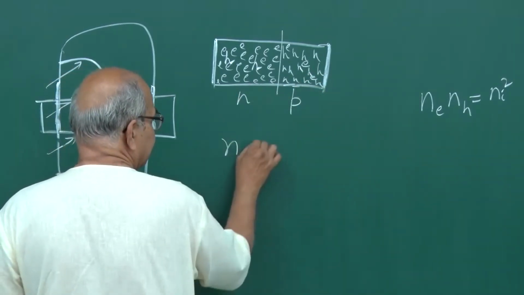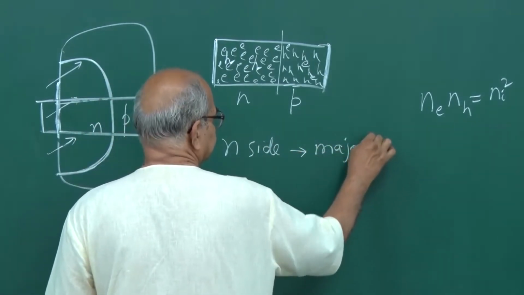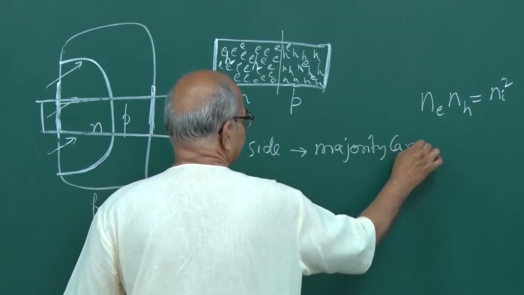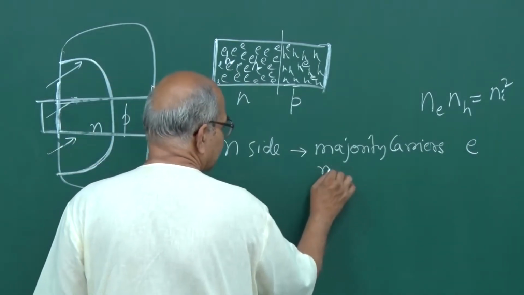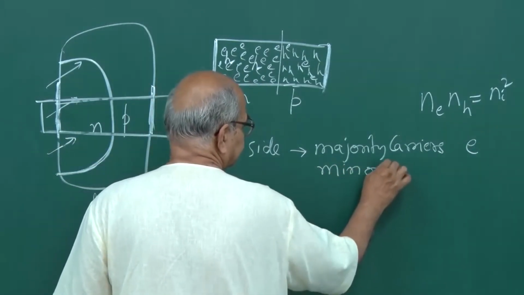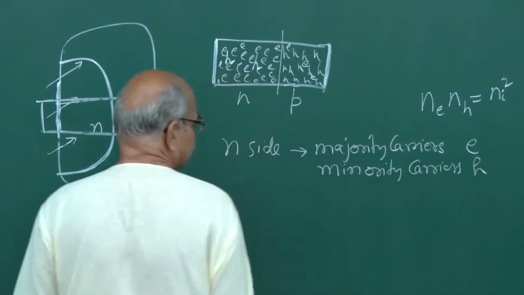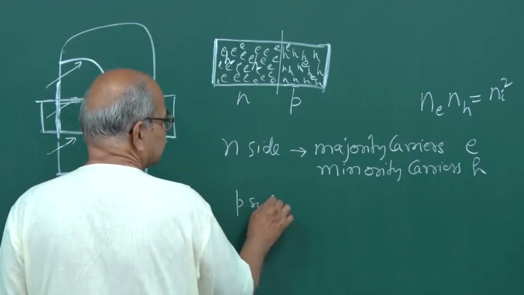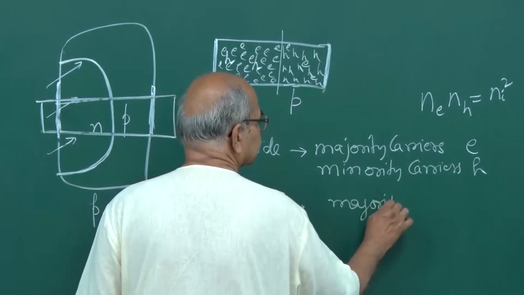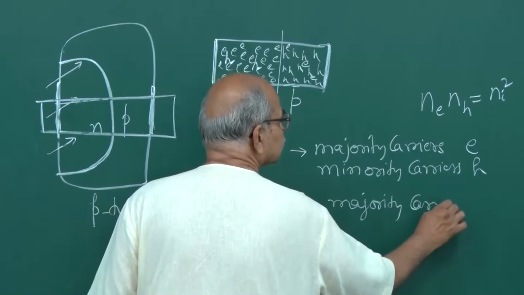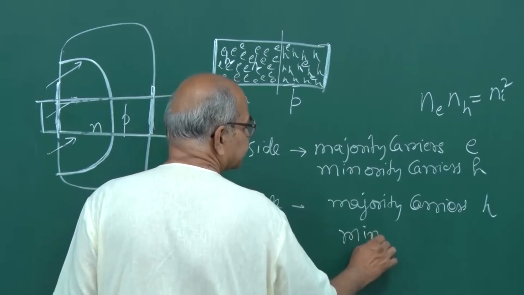So, on the n side, you have majority carriers, that is electrons, and minority carriers, that is holes. On p side, you will have majority carriers, that will be holes, and minority carriers, that will be electrons.